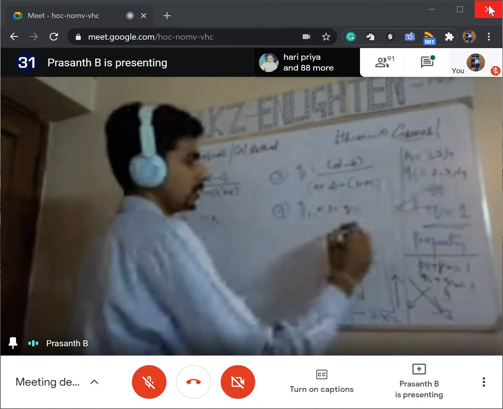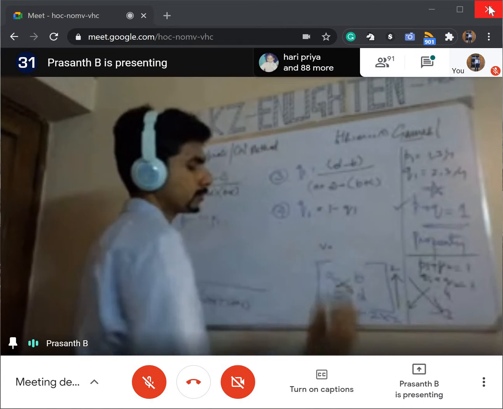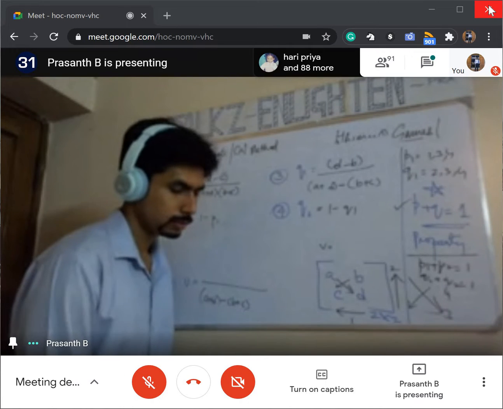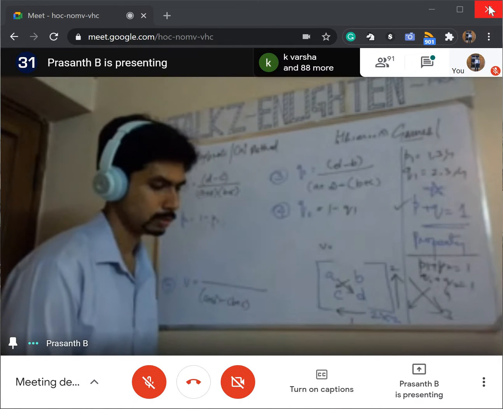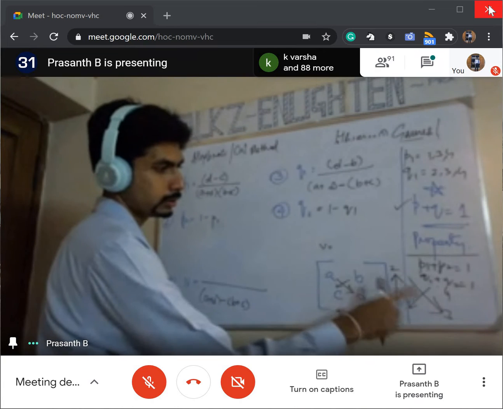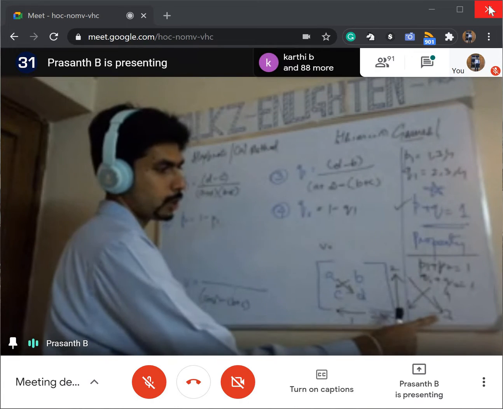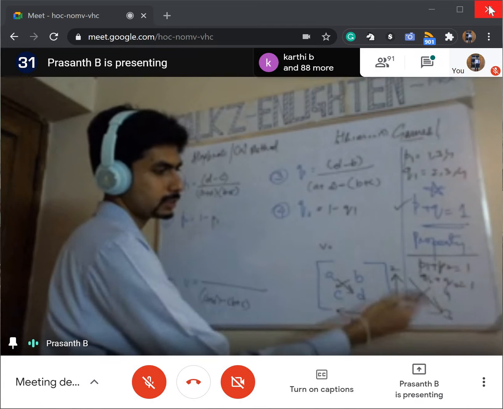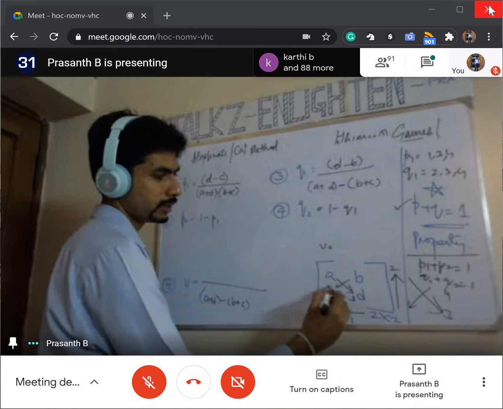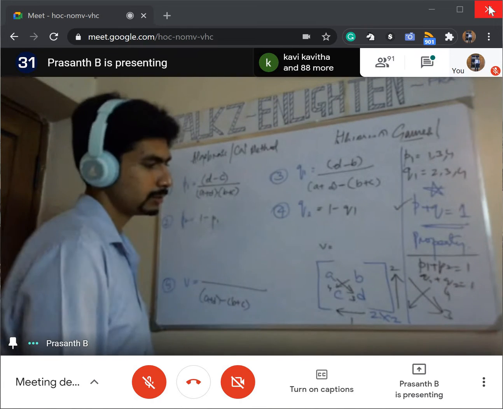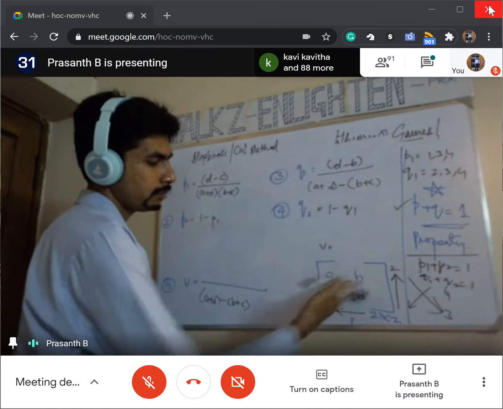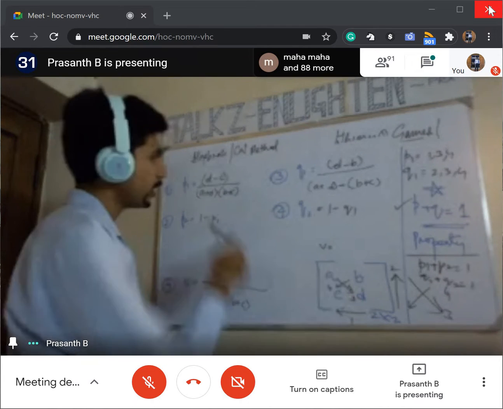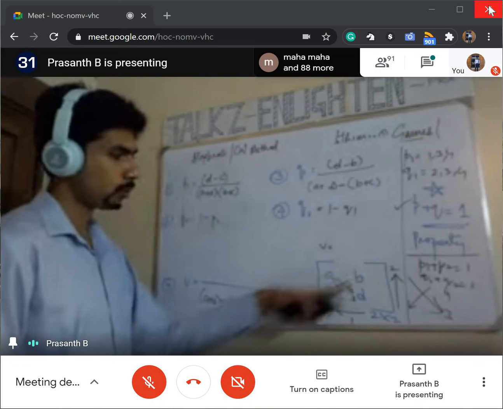Sir, can you explain one more time how to get the denominator? 3 arrow mark is down, 4 arrow mark is like this. Take that arrow mark here, 3, 4. Which are the elements? AD, BC. Add that, subtract it with a minus sign. So what is this?